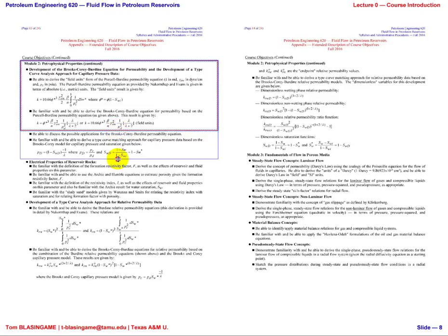So one of the things that we were able to do is define a dimensionless capillary pressure function based on some work by Brooks and Corey. It is a power law capillary pressure function. Why do we use power law capillary pressure functions? What's the easiest word? Because we're lazy. Okay. Can you integrate a power law function?